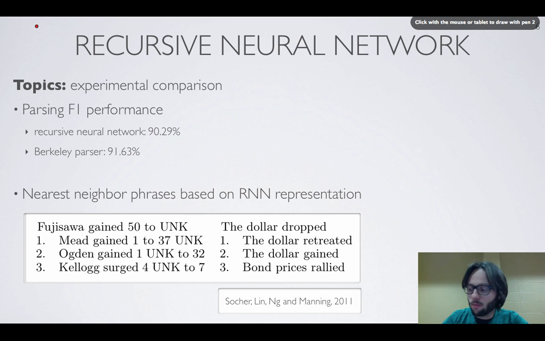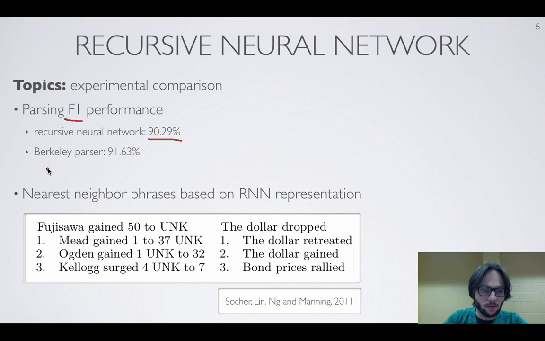And in terms of the performance, if we look at the performance for syntactic parsing, which is usually measured using the F1 measure, the recursive neural network gets a performance of 90.25%, while one of the state-of-the-art parsers, the Berkeley parser, gets 91.63%. So it's a little bit worse, but it's quite close.